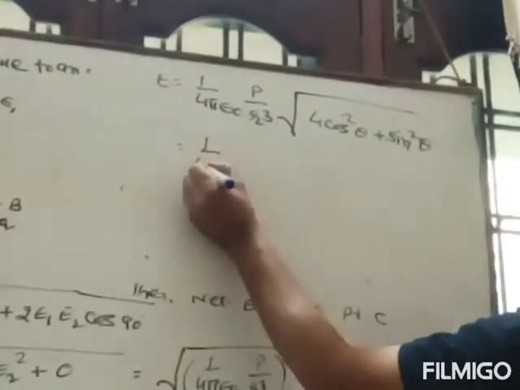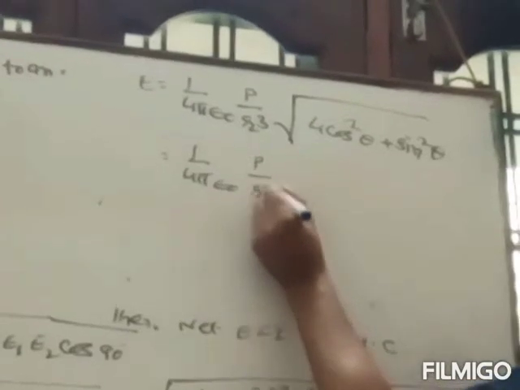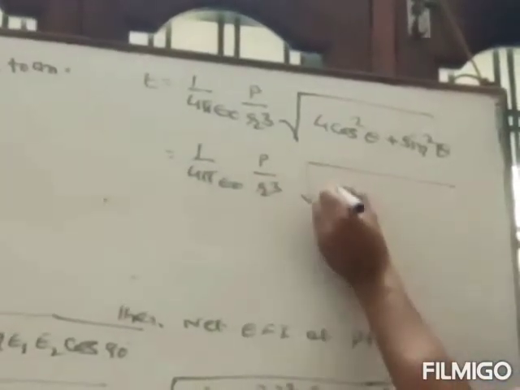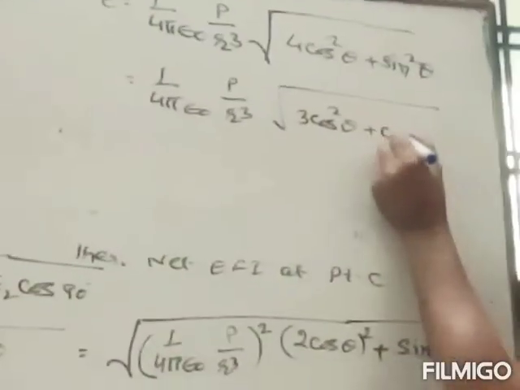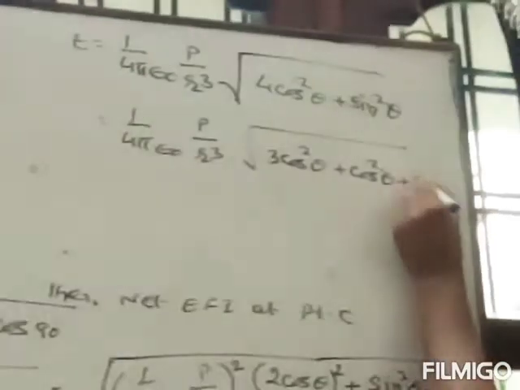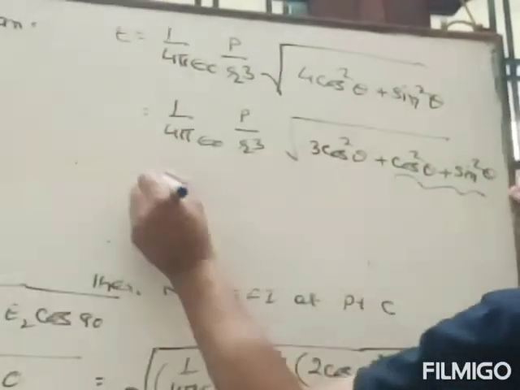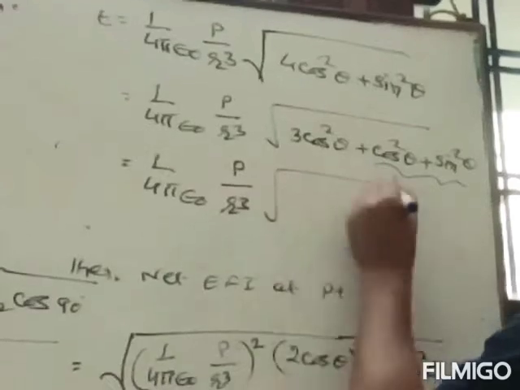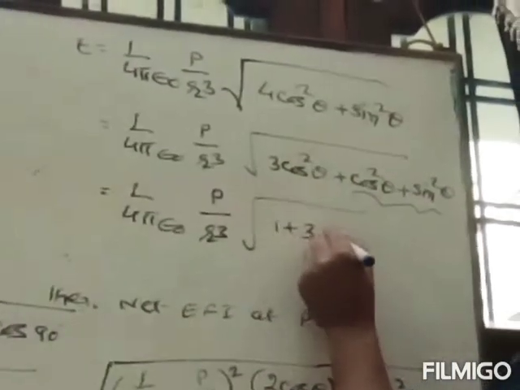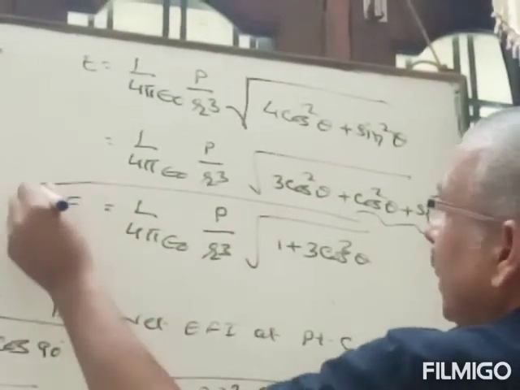It may be written as 3 cos square theta plus cos square theta plus sin square theta, and this term becomes 1. Finally we get 1 upon 4 pi epsilon 0, P by R cube, under root 1 plus 3 cos square theta. So this is the net electric field intensity.